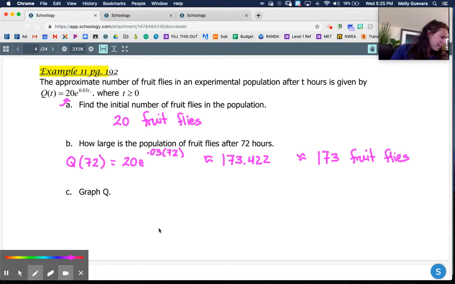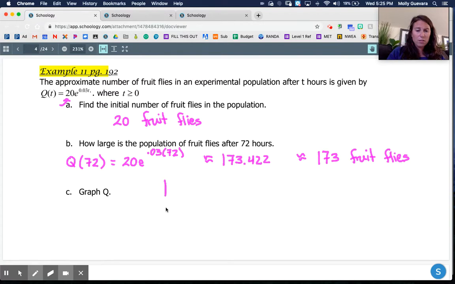And then the last thing, it says graph Q. Well, I could plug this into my graphing calculator, which would be easy. So this is T in hours, and up here is Q, the number of fruit flies.